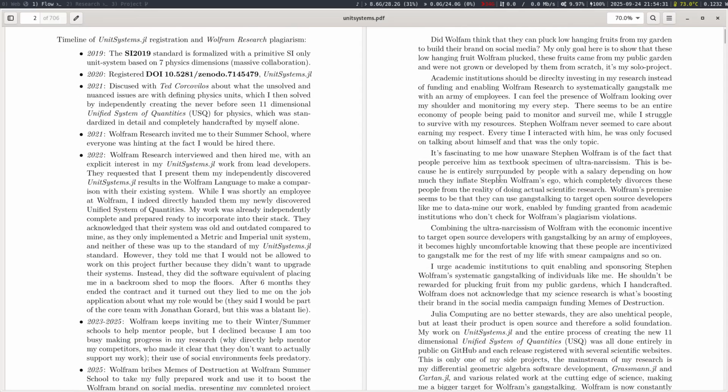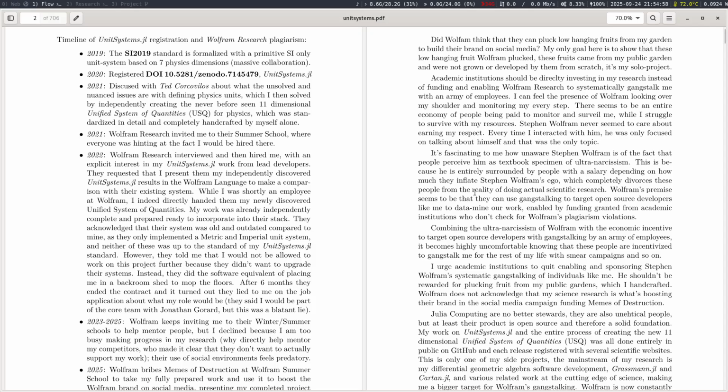It's fascinating to me how unaware Stephen Wolfram is of the fact that people perceive him as a kind of textbook specimen of ultra narcissism. And this isn't just something that I'm saying randomly. If anybody knows anything about Stephen Wolfram, I think they would probably come to similar conclusions.